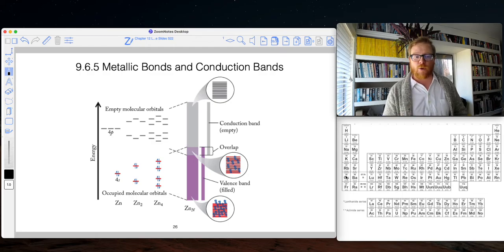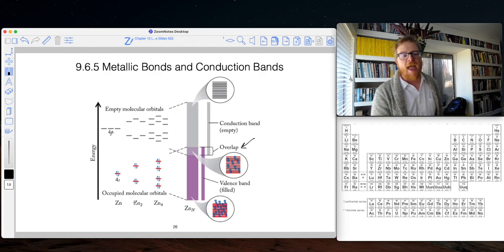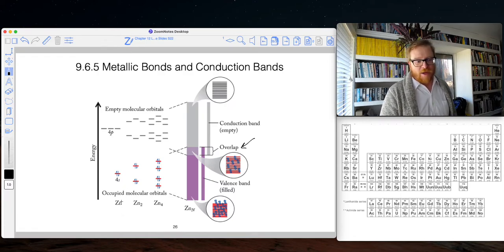And the reason for that is because they actually have this overlap between the valence band, which we recognize is filled, and the conduction band, which we recognize is empty. Okay. And once again, this is also showing us, right, if we had one zinc, it'd have a pretty simple orbital diagram. If we have two zincs, we can see two levels now. If we had 4 zinc atoms, the levels are getting closer together.